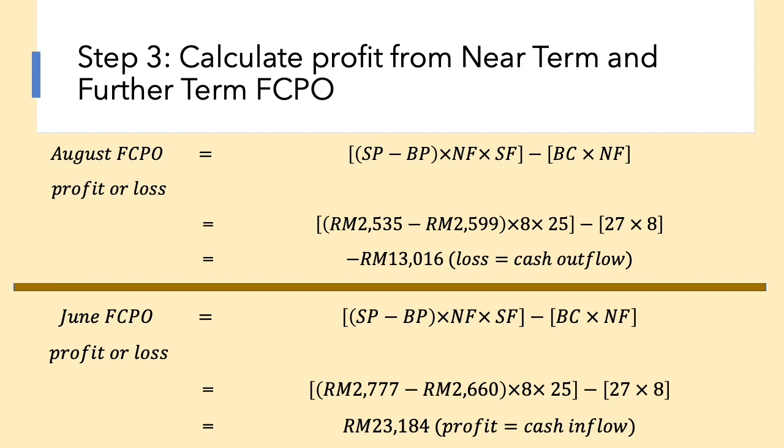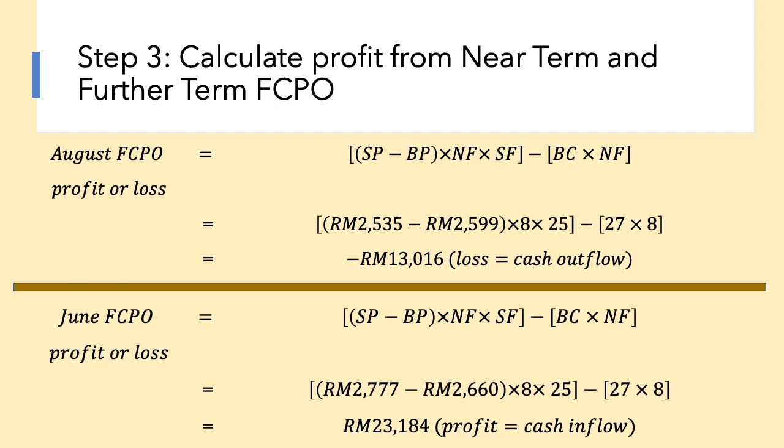Step number 3, you need to calculate profit from near-term and further-term FCPO. So in this example, we use FCPO contract. So we need to use formula profit and loss for FCPO, which is selling price minus buying price times number of contract times size of contract minus broker's commission times number of contract.